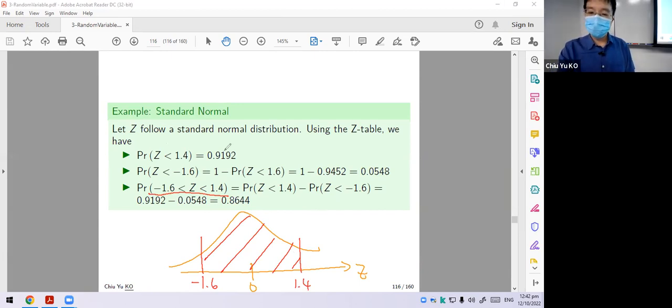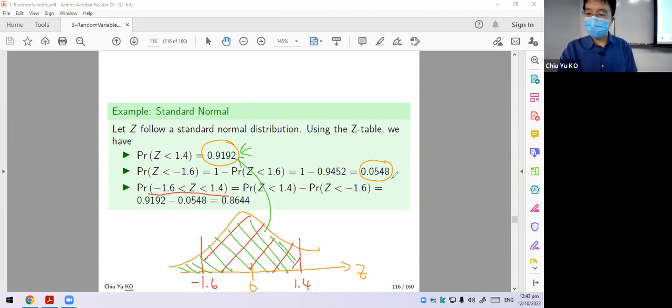But from the first question and the second question, you pretty much know the answer. The reason is again kindergarten math. The first one you have done is the green one already, and the green one is this number, 0.9192.